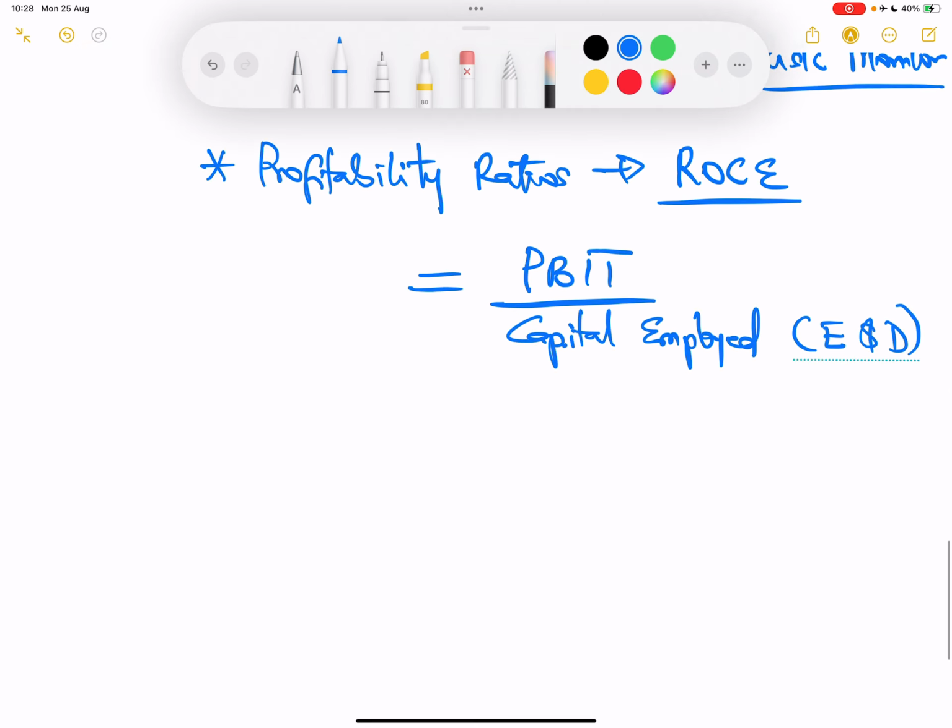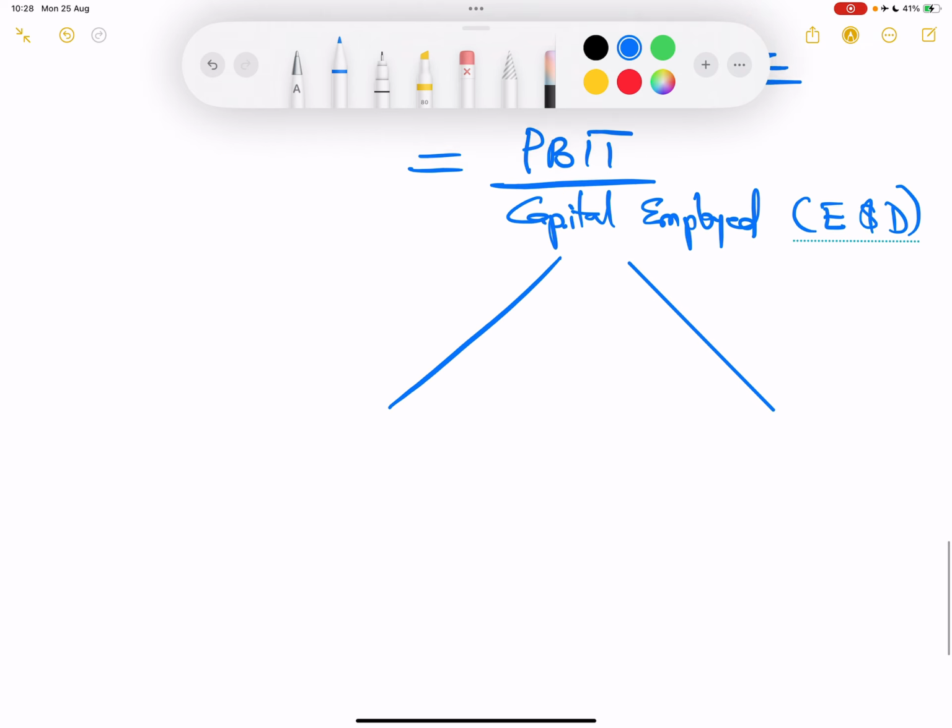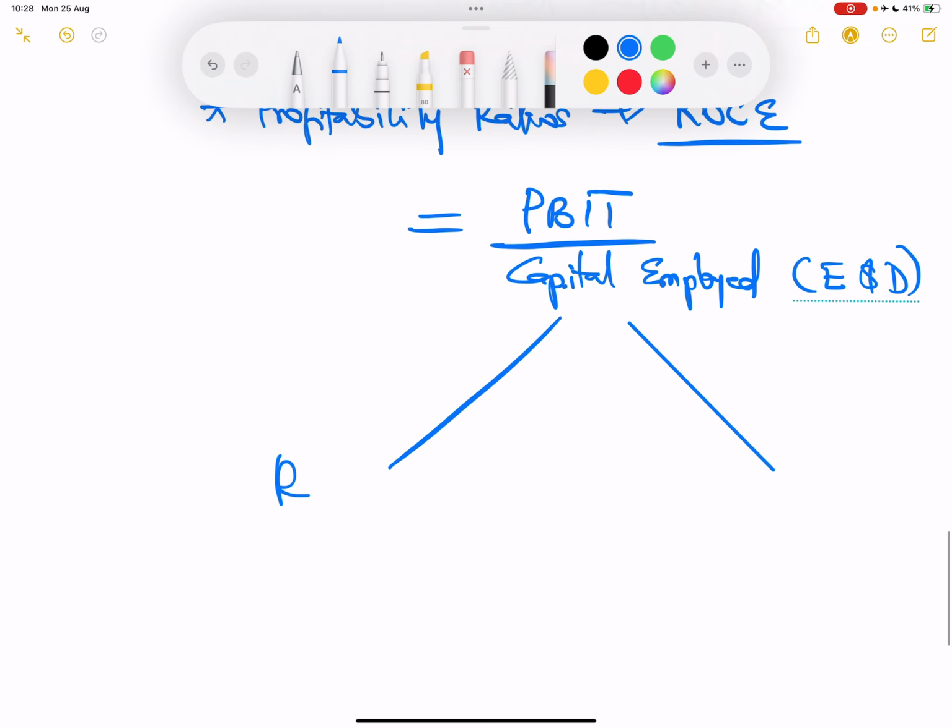Right. Very important. And what are you saying here? You're saying that you want to know how the asset has been utilized. And this is divided into two parts. Looking at how the asset has generated revenue, and that is talking about asset turnover, calculated as revenue divided by asset. And that revenue that you have generated is not the profit itself. The profit is the margin on the revenue.